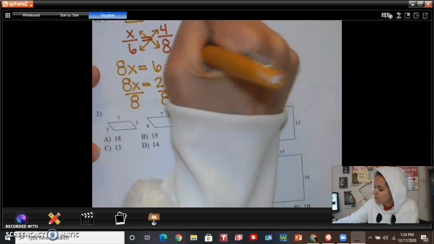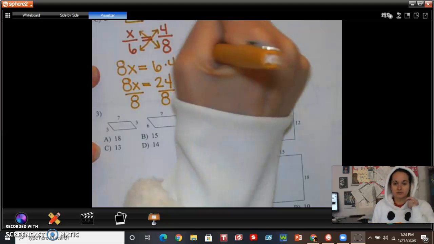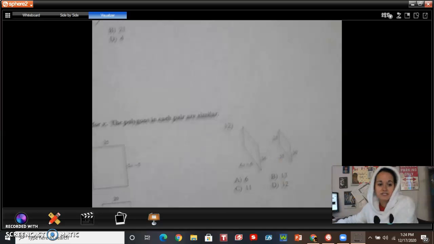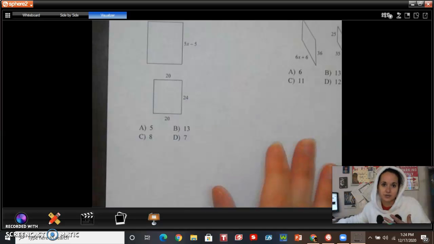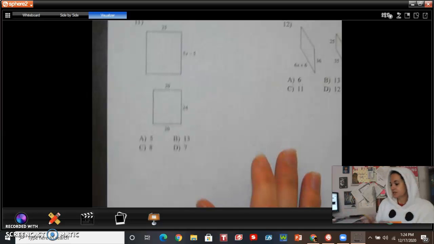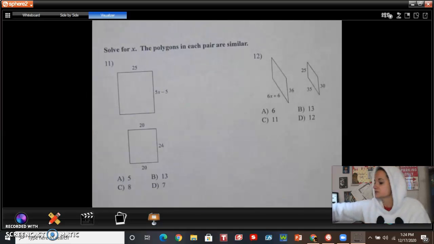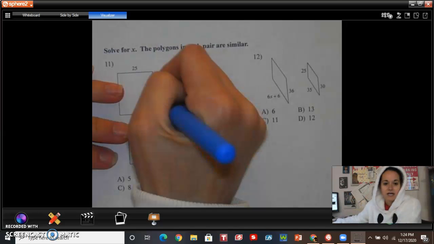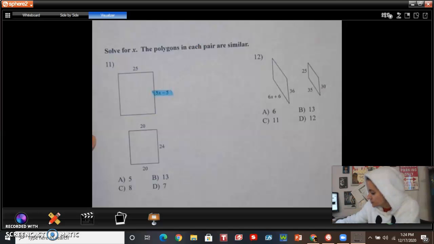Okay? That's how you'll do the first 10 problems. It's all about recognizing what matches up with what. Now, that carries on to the next 10 problems as well, except instead of a question mark, we'll have algebraic expressions. So again, we're looking for what matches. I notice here, this is my 5x minus 5, and it matches up with 24.